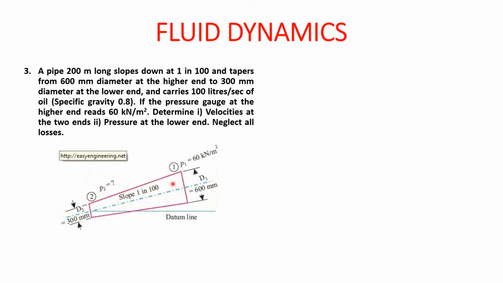So basically, while forming the solution of this problem, first see the diagram again. Again here you will see that the lower end is in the ground. So again diameter D1 is 600 mm, P1 is 60 kilonewton per meter square, that is intensity of pressure at 1.